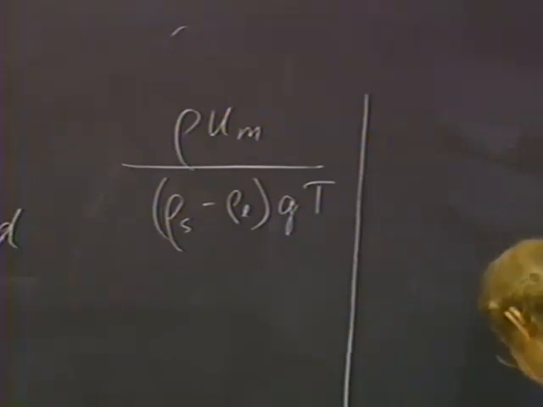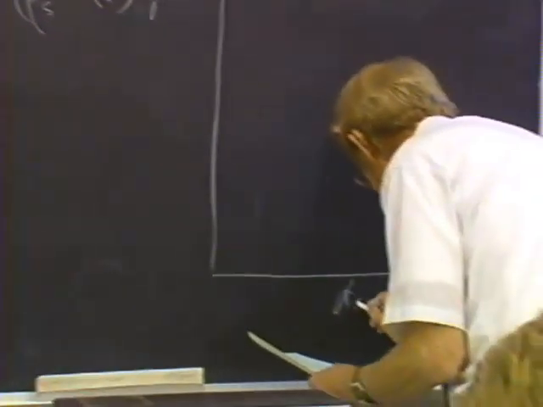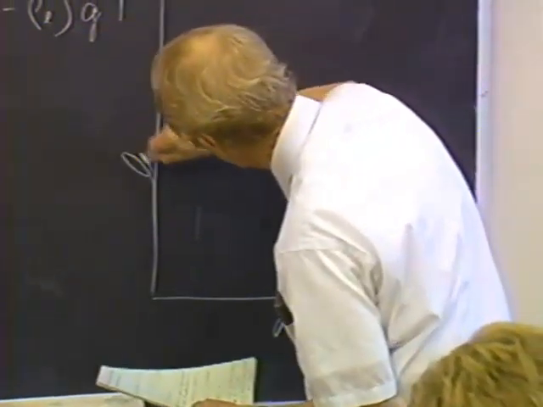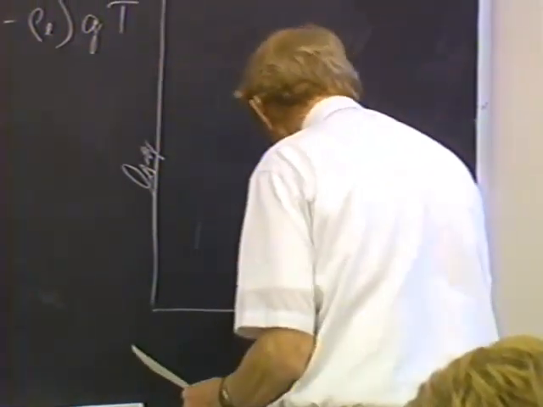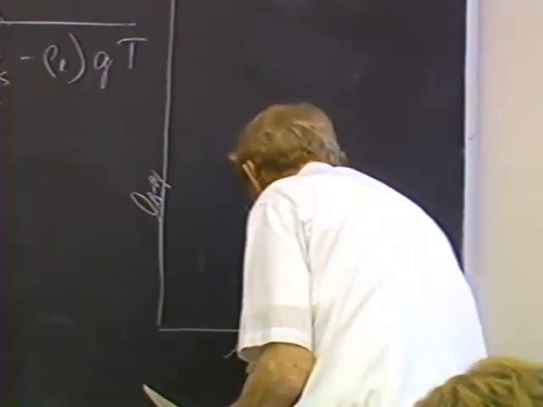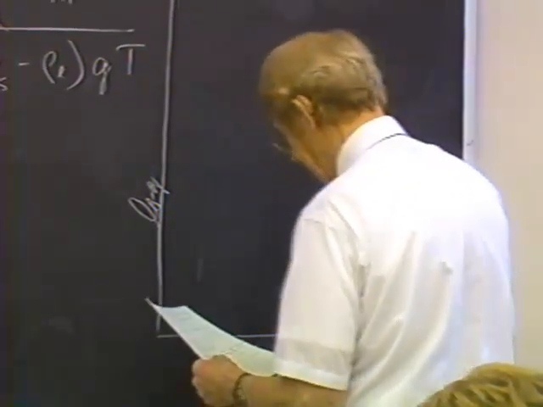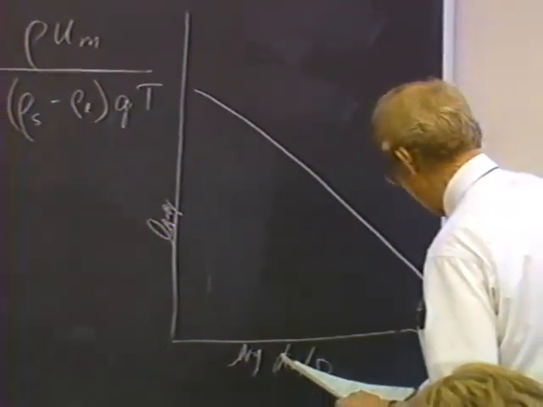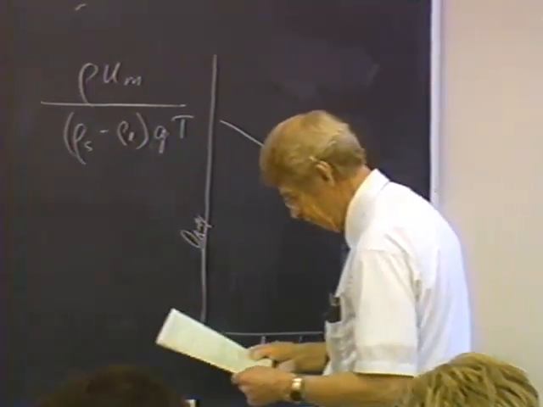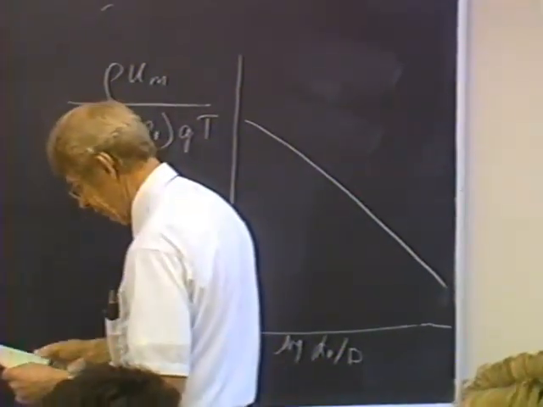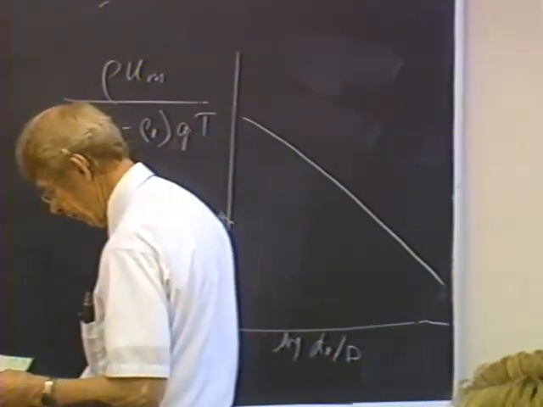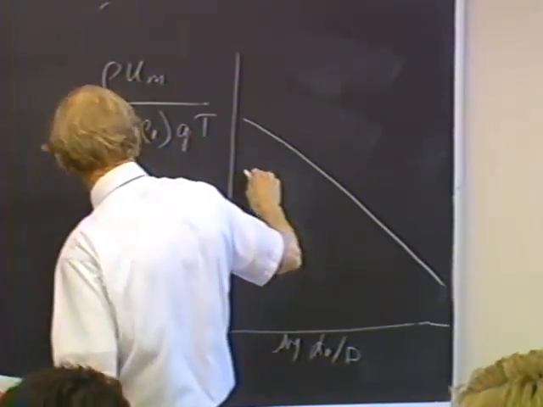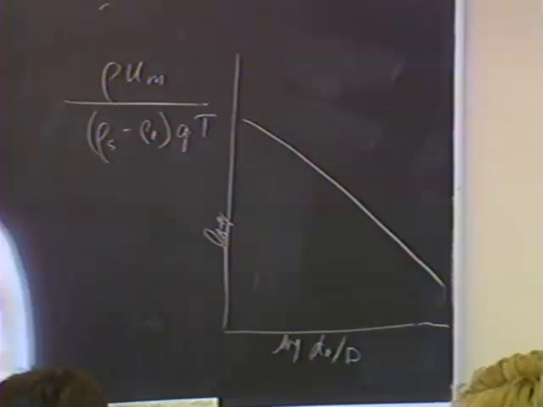Ray? Does motion occur above the line? Is it the same idea as that? No, in this case, let's see. Yeah, this is the initiation of motion, and for u sub m greater than this value, then you have motion. Or you can say if the particle's less dense, then you would have initiation of motion.